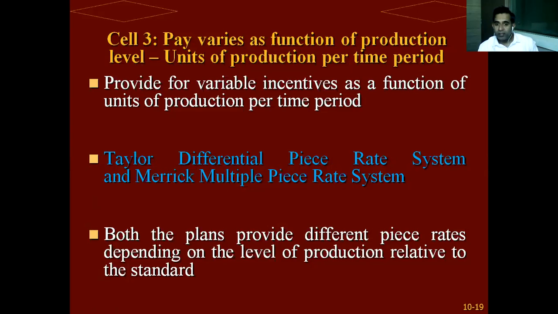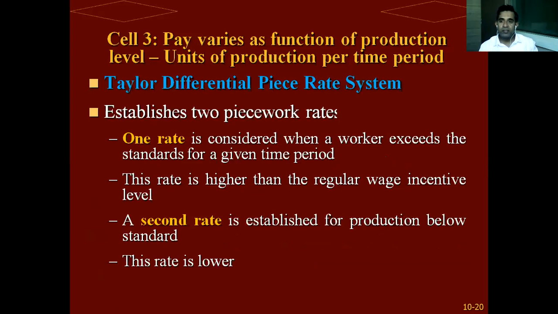See, what I'm doing is a recap. I'm not explaining; this was all discussed in the previous class, so to maintain continuity and to remind you, I'm doing this recap. In the Taylor differential piece rate system, 2 piece work rates are established. One rate is used when the worker exceeds the standard. For example, if the number of units to be produced per hour is 10, an employee who produces more than 10 units per hour is paid wages at that rate.